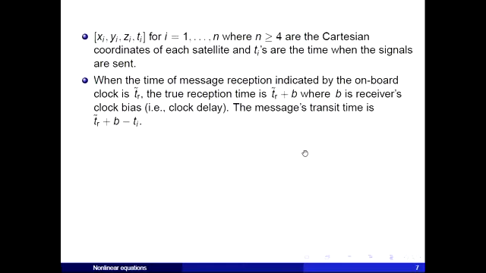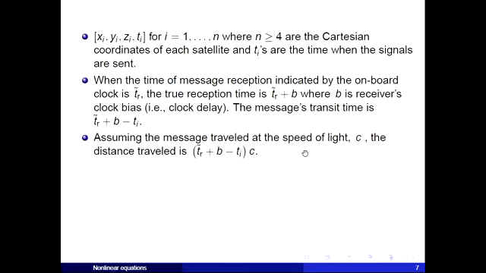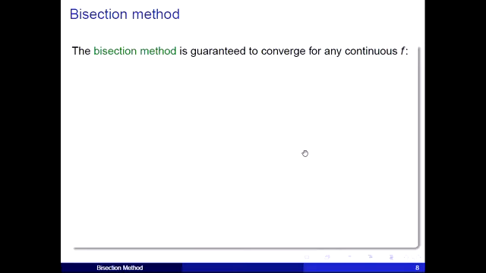Okay, so last time we talked about how to solve nonlinear equations using 3 methods. The first is the bisection method.